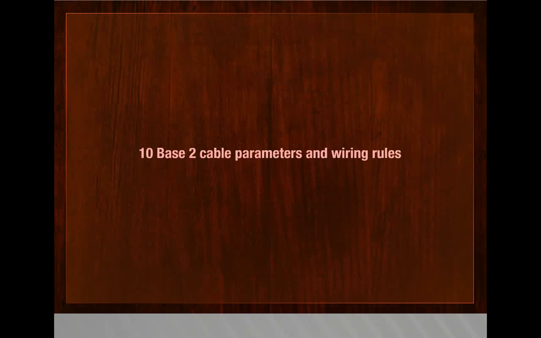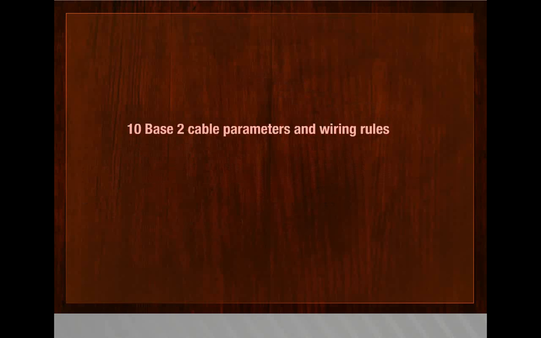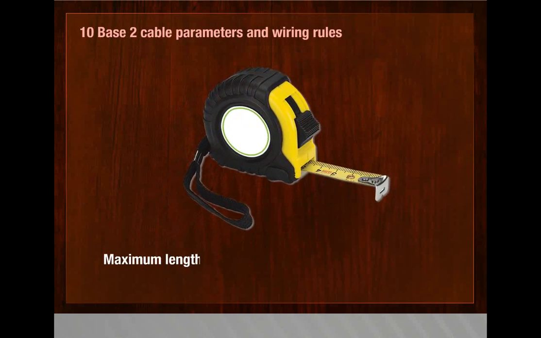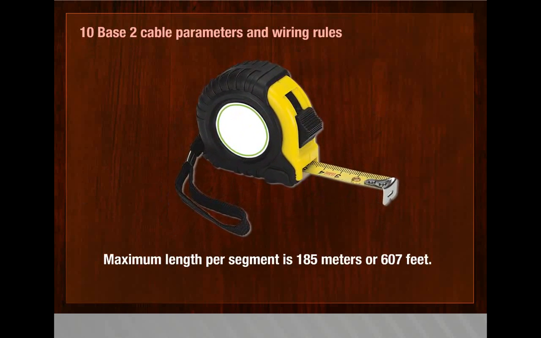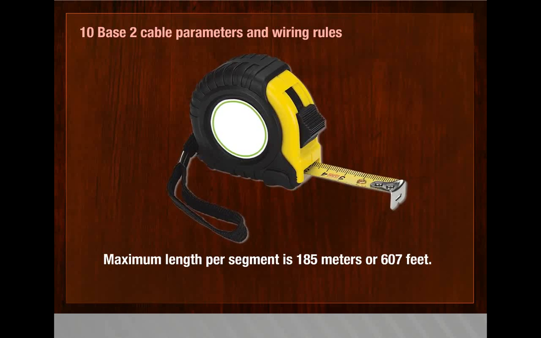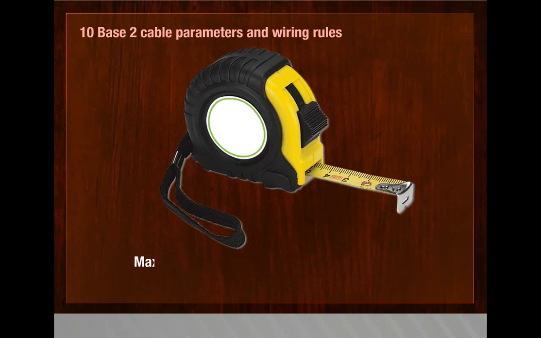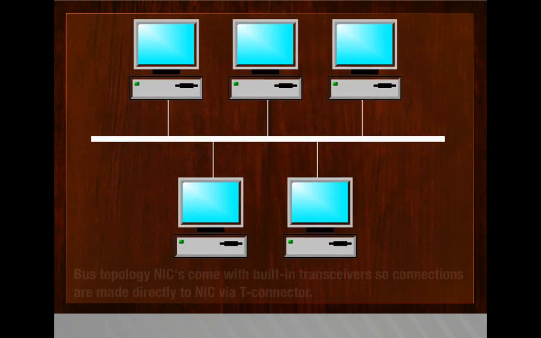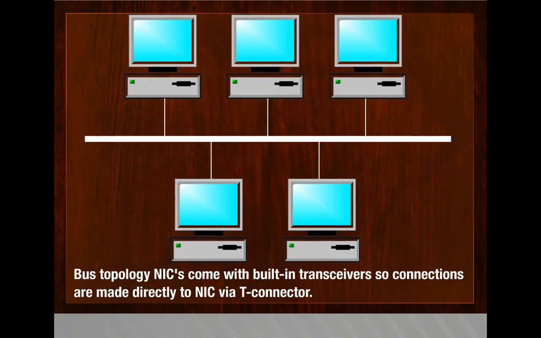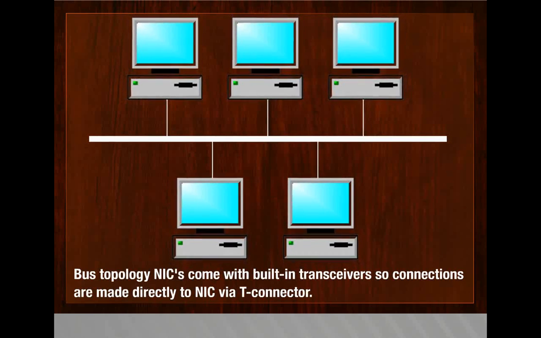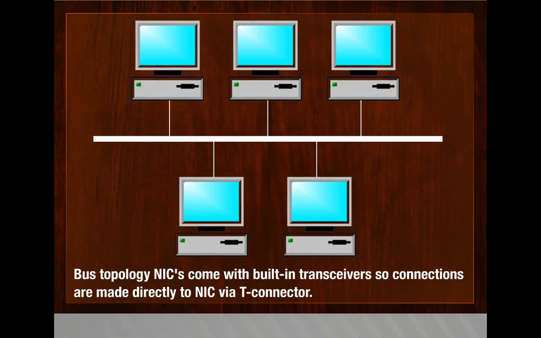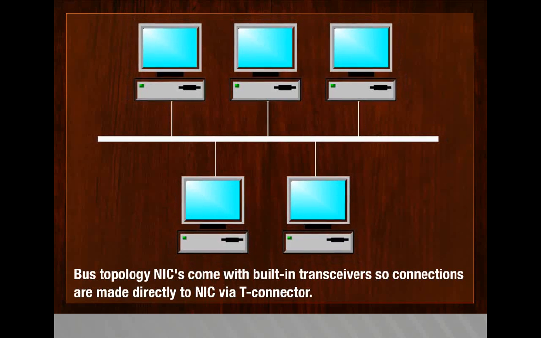10Base2 cable parameters and wiring rules. Maximum length per segment is 185 meters or 607 feet. A maximum of 30 stations per segment are allowed. Bus topology NICs come with built-in transceivers, so connections are made directly to the NIC via a T-connector.